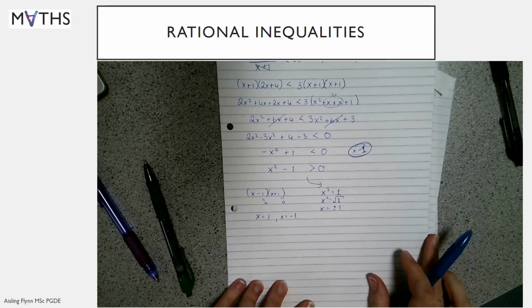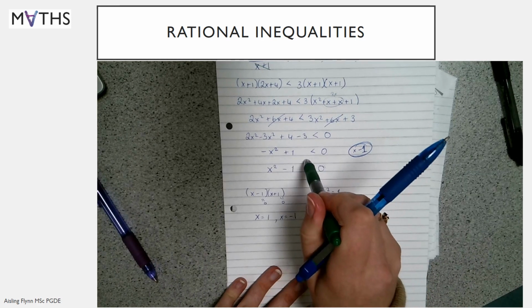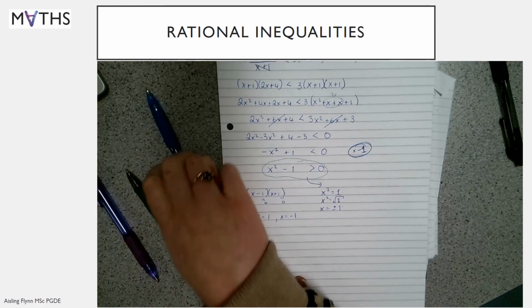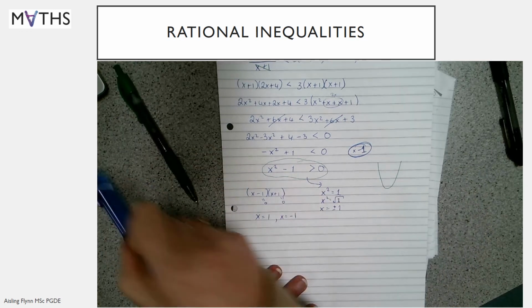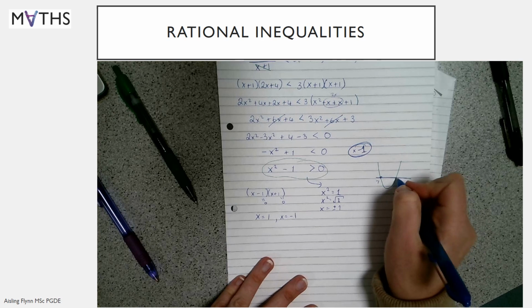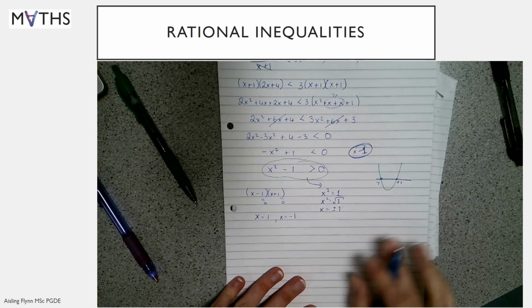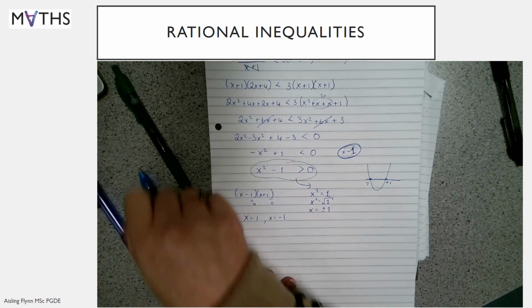Now what were we solving? We were solving this equation. It's a plus x squared equation, which is U-shape. When is it 0? We found it 0 at minus 1 and plus 1. Can you see that? And we're looking for greater than 0.